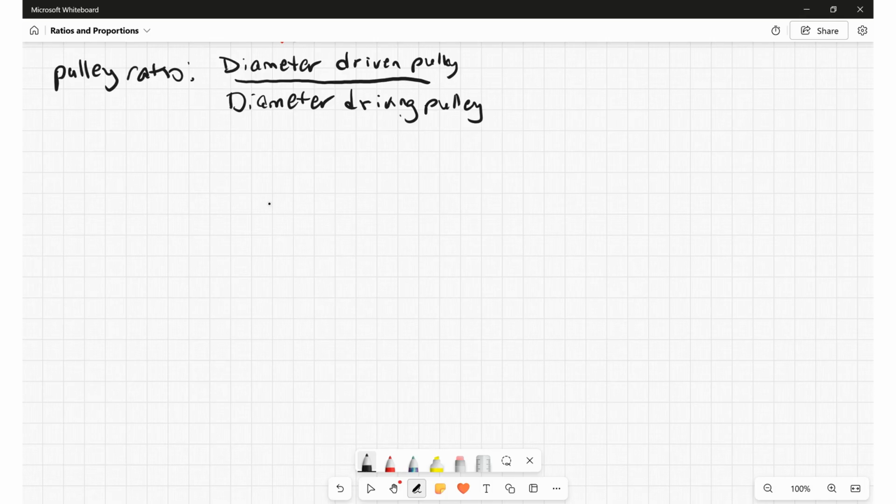So in this example, maybe we have an HVAC tech working on a blower fan unit. And we know that the electric motor has a 3-inch pulley. And the two little quotation looking things is an abbreviation for inches. We will see that repeatedly. And let's say that our fan shaft has a 9-inch pulley.